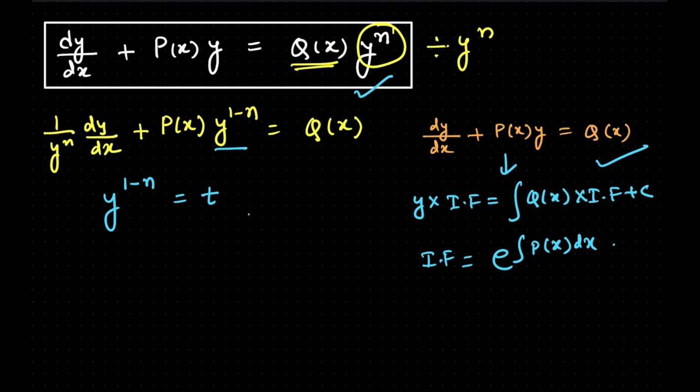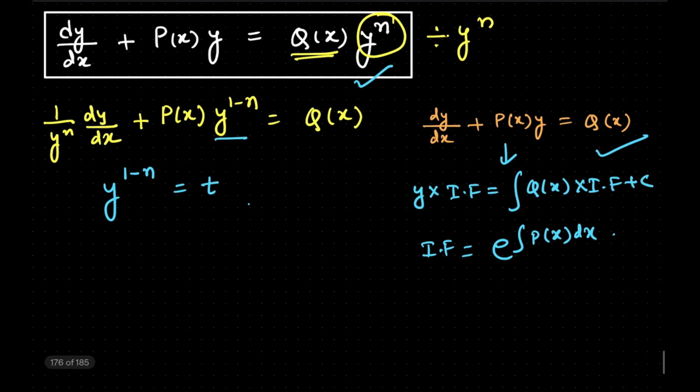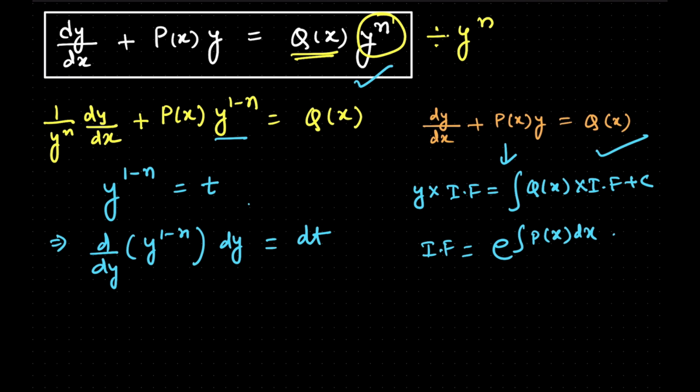What is the benefit of this? We will see. Now differentiating both sides. On the left hand side, you can simply differentiate this and multiply by dy also, because we are using the chain rule. And on the right hand side you will write dt.